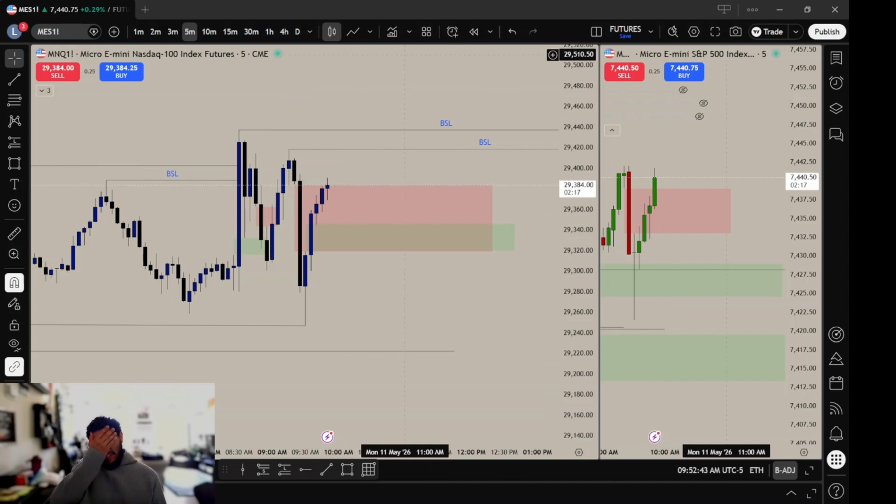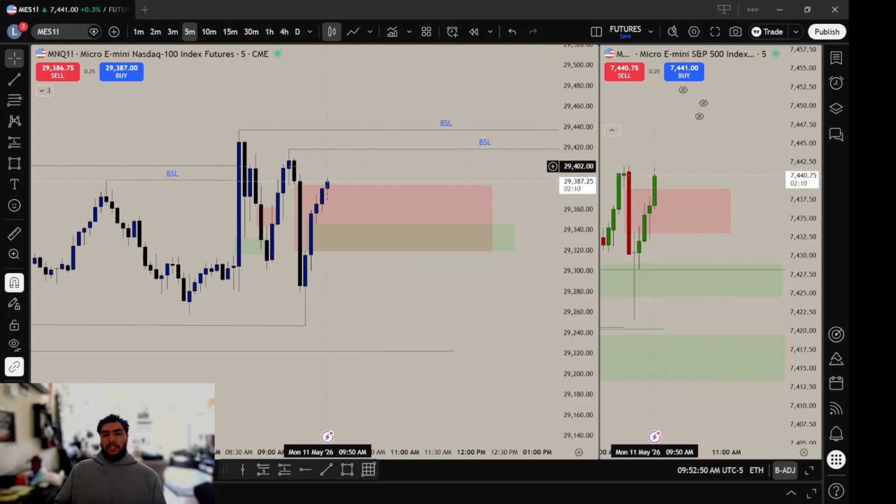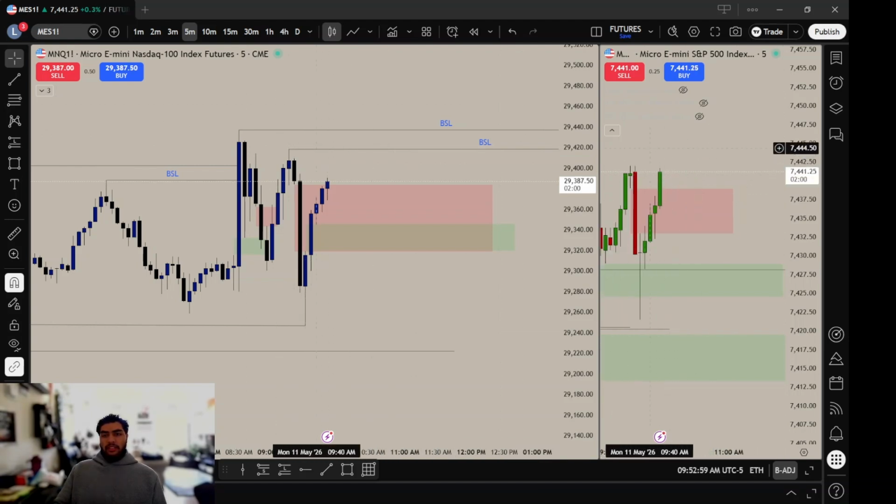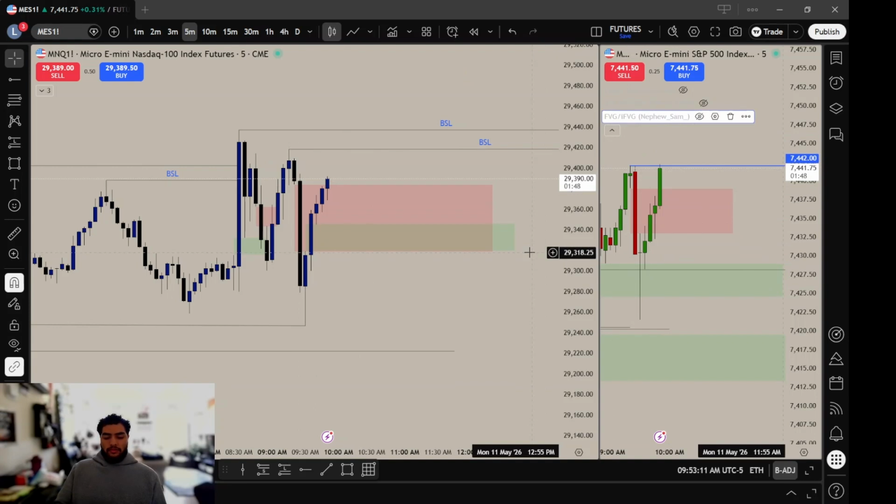It'd make more sense, and I don't want to get stopped out like here and then boom, come back down, reverse, and not take out these buy side liquidities. And really, this is not even taking out on ES either. Oh, I guess it just took them out right there. I think we're just gonna wait for the market.